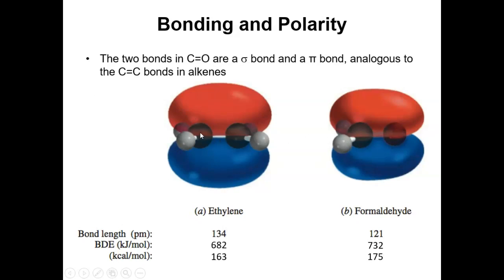The similarities: both are bonding non-hydrogen atoms, carbon and oxygen. Both are sp2 hybridized and planar. They have one sigma bond and one pi bond. Exactly the same, both have one sigma bond, one pi bond.